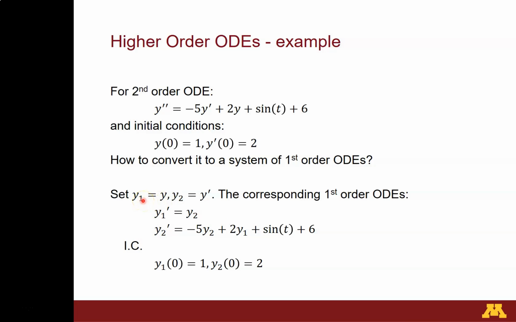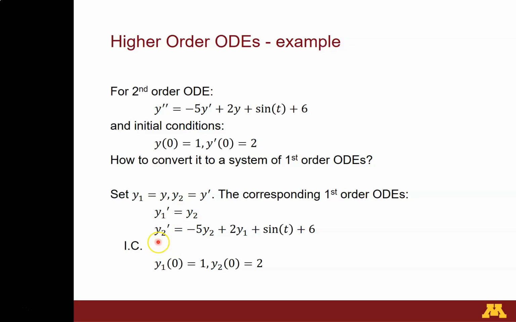Taking the first order derivative on both sides of this, there will be y1 prime equal y prime, right? Because y prime equal y2 here. So y1 prime equal y2.